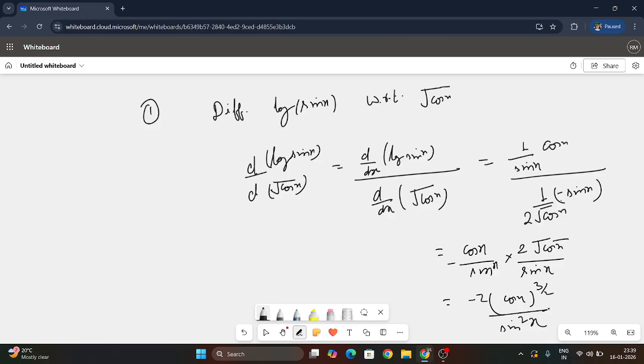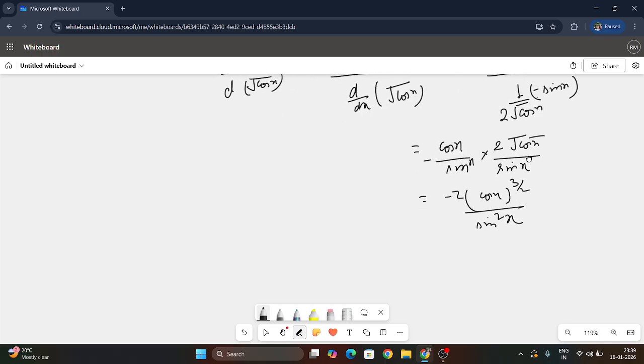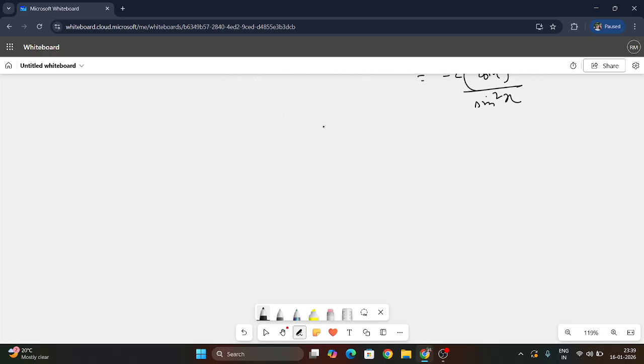Okay, I think it is clear to you. If you want, you can convert into cot, cos x, sin, whatever you want, it's your choice, but that is also a type of answer. Okay, so let's take other problem, and problem number second, and that is you have to differentiate tan inverse.